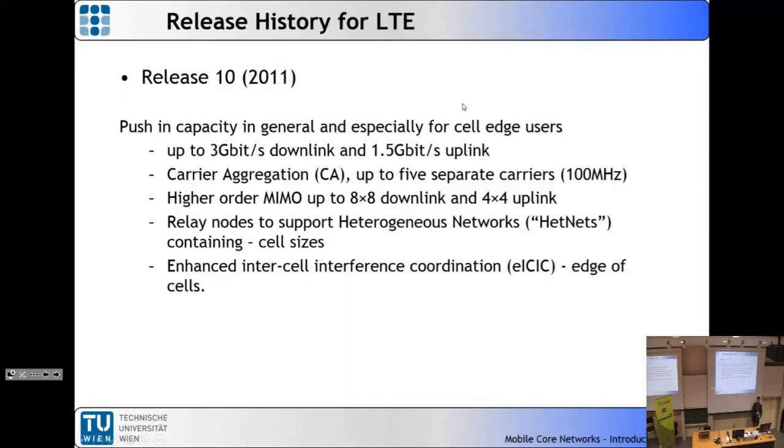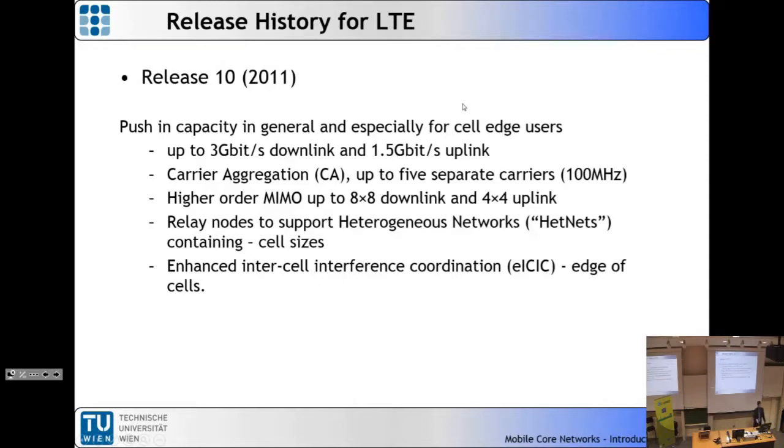Next step was then release 10, where we introduced carrier aggregation to boost basically data rates, and we start to introduce higher layers of MIMO. As mentioned before, we have 8x8 or 4x4. When you look at a base station antenna, you understand that even 8x8 is difficult. I mean, using 2 polarizations, it's just 4 antennas, but it will still be pretty wide.